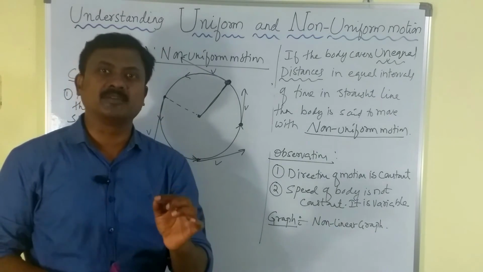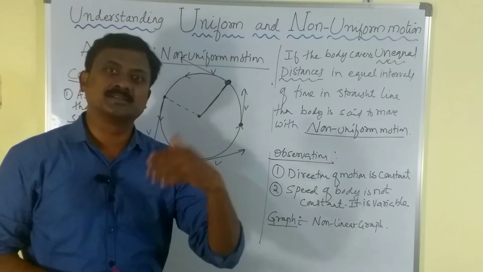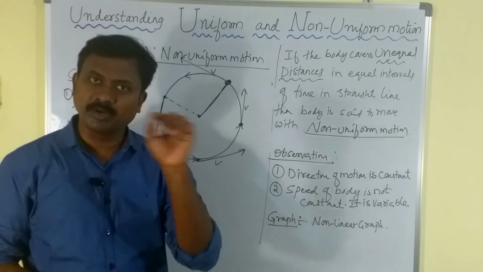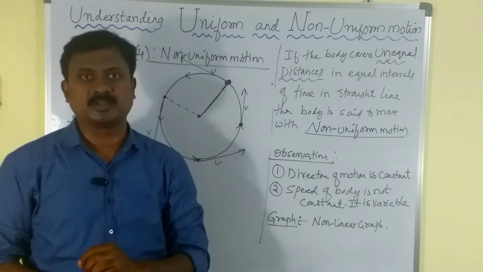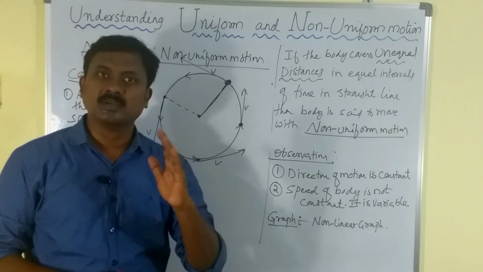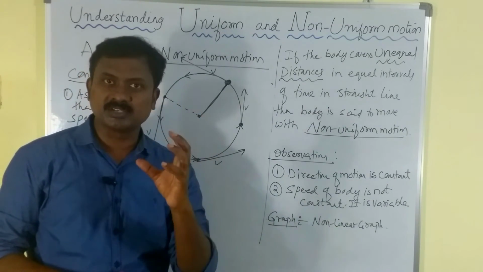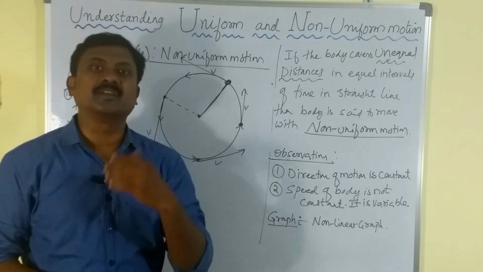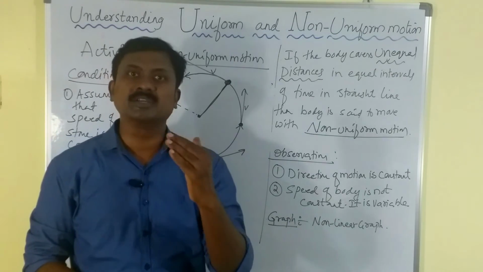For 1 second it moves 10 rotations, another second 10 rotations, again 10 rotations. When you switch off the fan, slowly the number of rotations decreases every second, that is, the speed is decreasing. That is what I mean by saying the speed is constant.